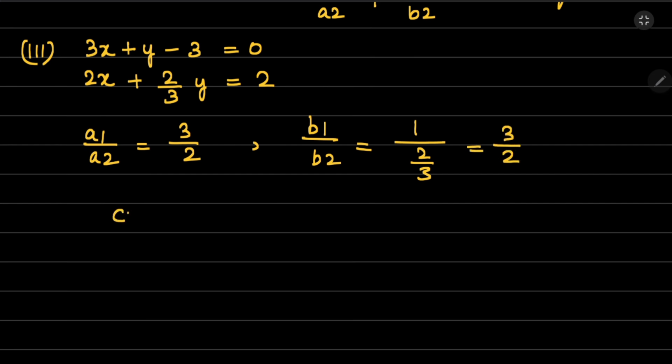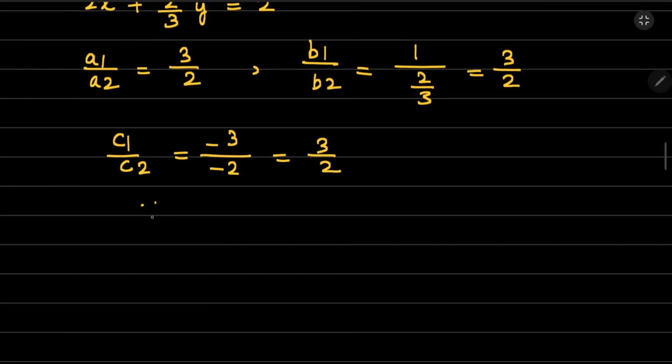And what is c1 by c2? c1 here is minus 3. c2, if this comes to the left hand side, will become minus 2. So minus 3 divided by minus 2, which is also equal to 3 by 2.